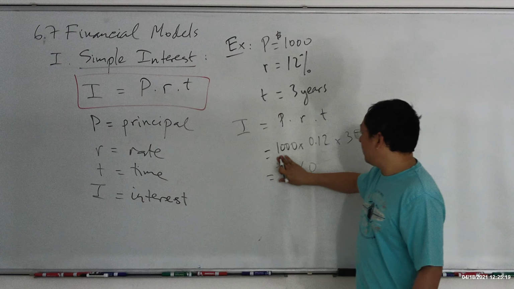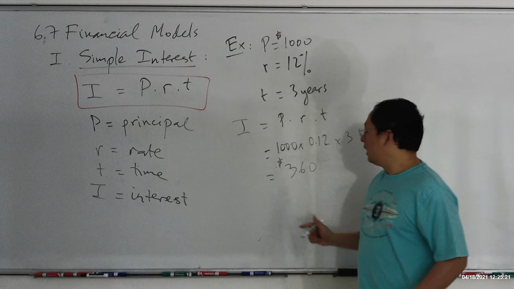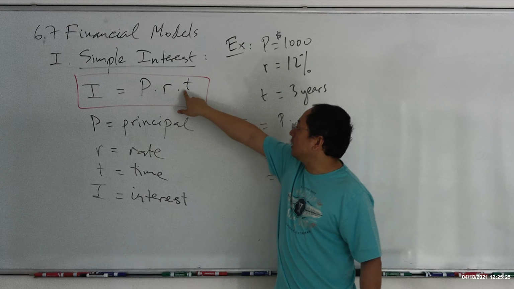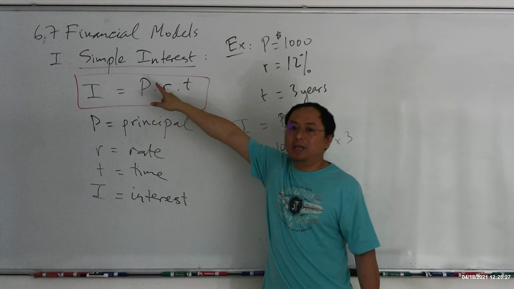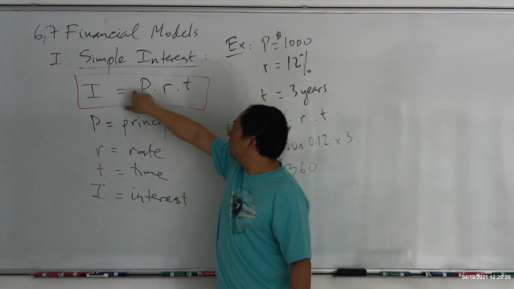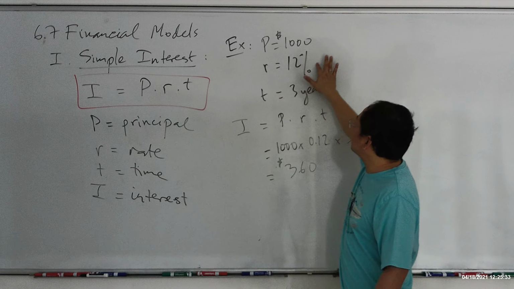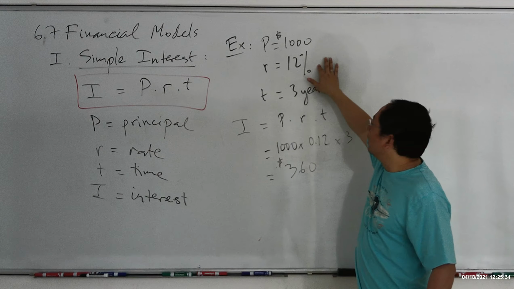That's the amount of interest that we earned after 3 years. Keep in mind that in this formula for simple interest, the interest is calculated based solely on the principal amount. It means that each year you're going to earn the same amount of interest. Over 3 years it's $360, and each year, 12% of 1,000 is $120.